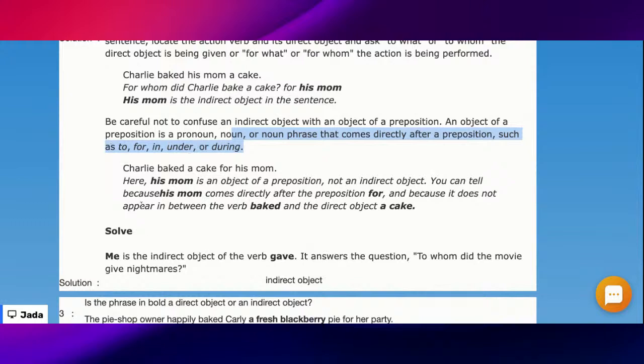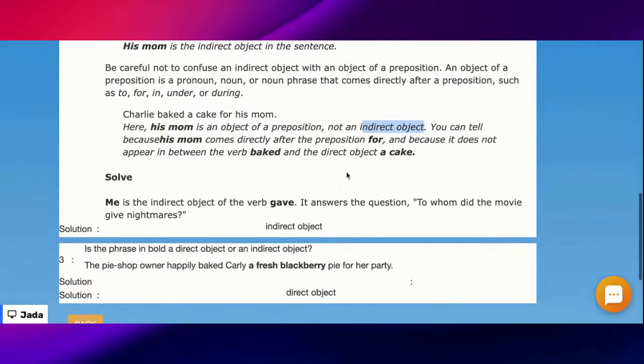Now we say that Charlie baked a cake for his mom. Here, his mom is an object of preposition, not an indirect object. You can tell because his mom comes directly after the preposition for. And because it does not appear in between the verb baked and the direct object cake. So there are different ways that the sentence will come.